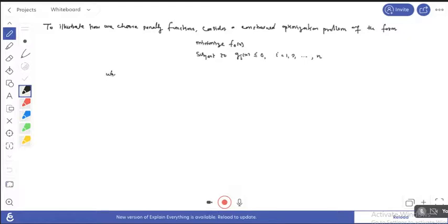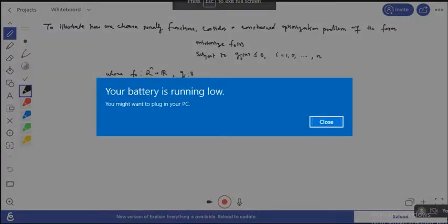And what is the nature of your objective function, that is f naught: this is from R^n to R, and the g_i are functions of that type. Here i varies from 1 to n.